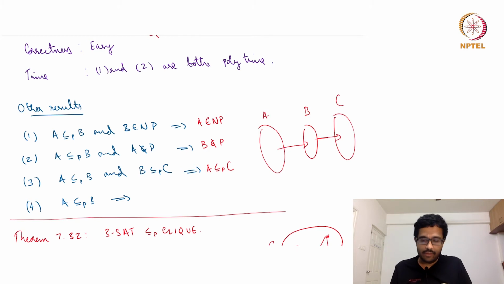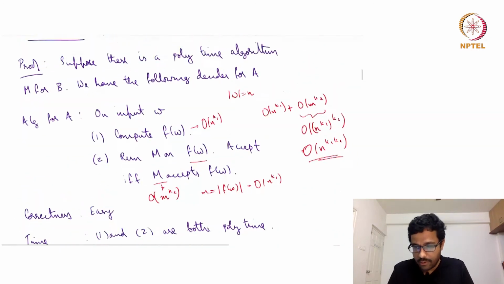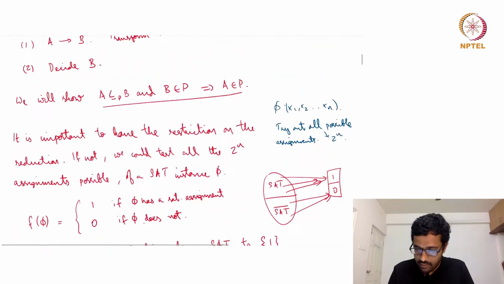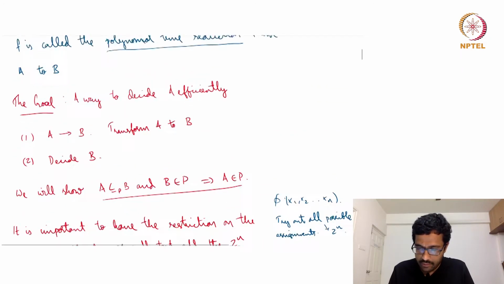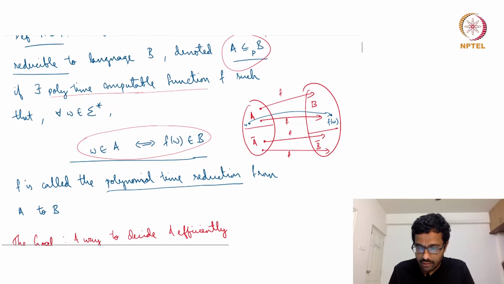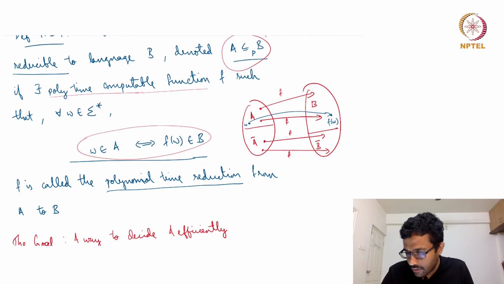And finally, A reduces to B implies that A complement reduces to B complement. Because if you just look at this definition of reduction, the same function is used. It's just that the roles of A and A complement and the roles of B and B complement interchange with each other.